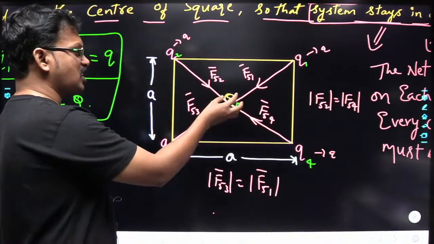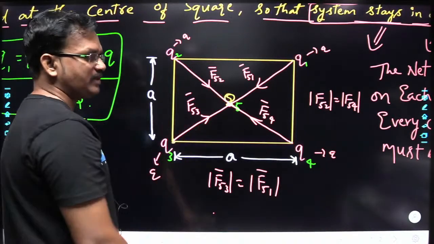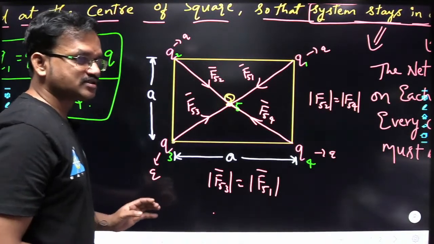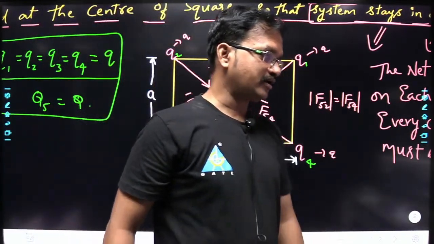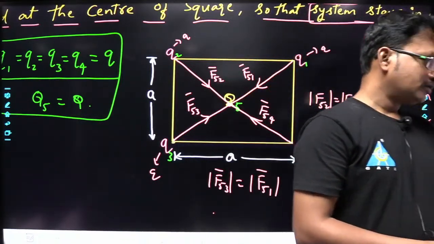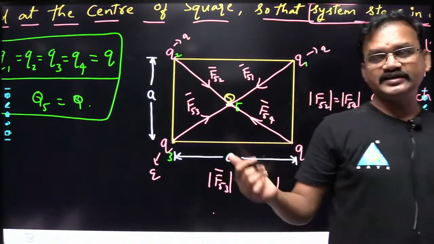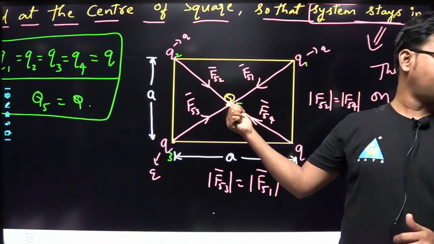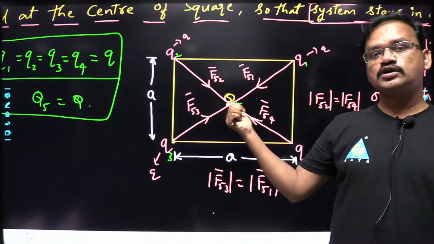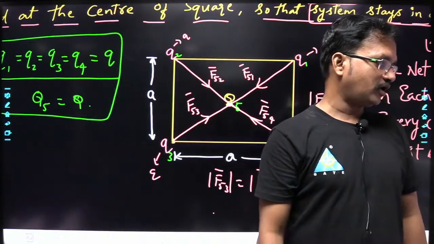Whatever charge you place exactly at the center, the net force experienced by that charge will be equal to 0. Understood? I hope this point is crystal clear. Finally, whatever charge you place exactly at the center, that charge is going to experience a net force equal to 0, irrespective of its magnitude and polarity.